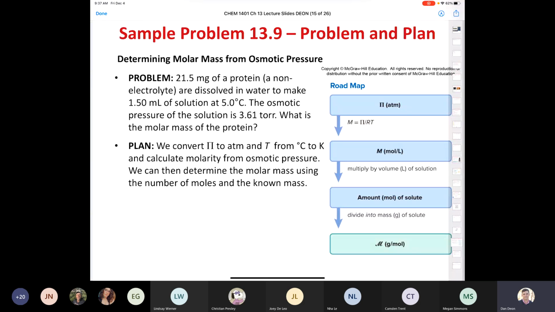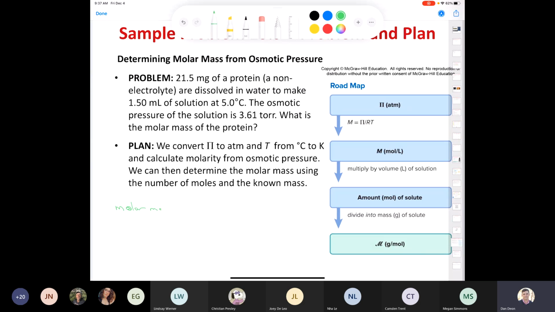Remember that the molar mass of our protein is the number of grams per mole. We already have the number of grams of the protein, so what we need to calculate is the number of moles. We have a 1.5 milliliter solution, we have our temperature, and we have our pressure.